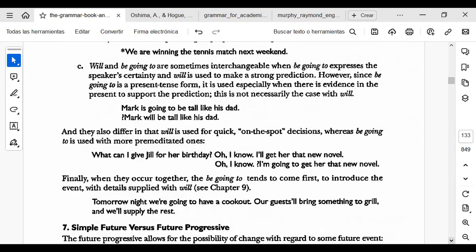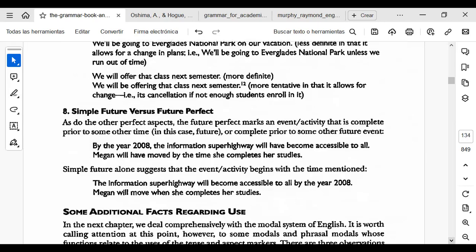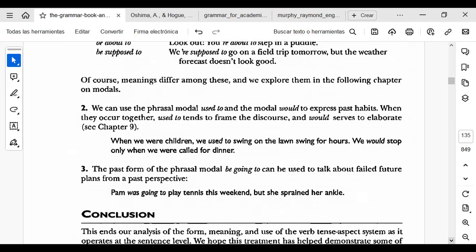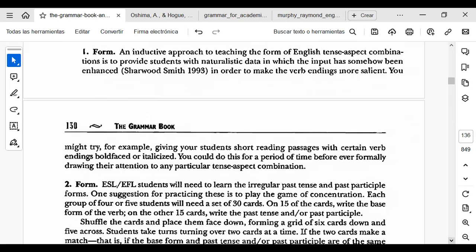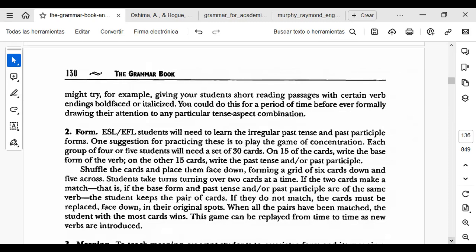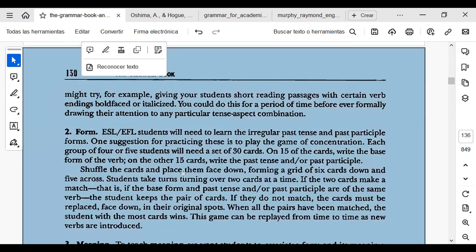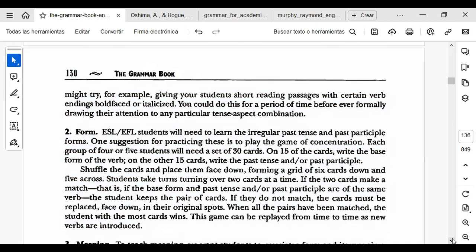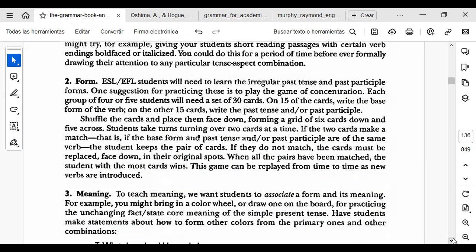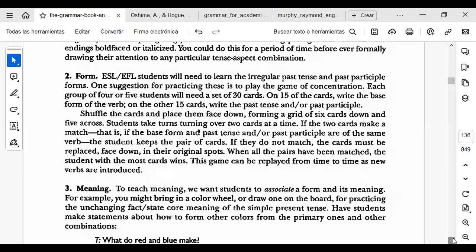So maybe, there you are. Conclusion. And from page 130 on the book to 136, you have some strategies that, if you are teachers, you can use to work with your students. Maybe you can study carefully and then apply.